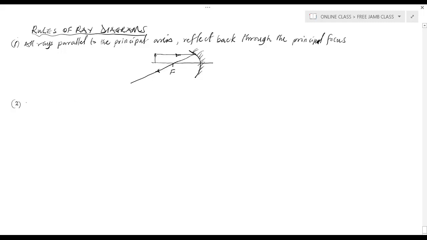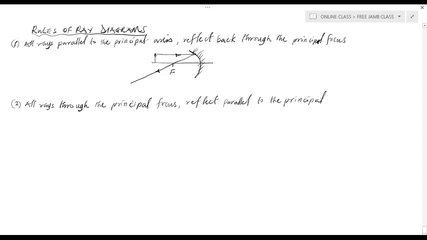Second thing, all rays through the principal focus, just like the opposite of what we did, reflect parallel to the principal axis.